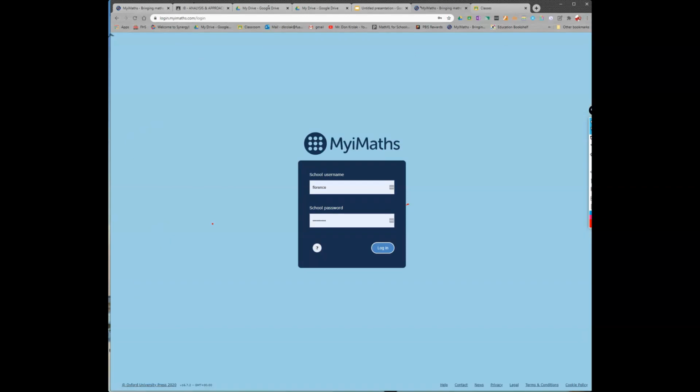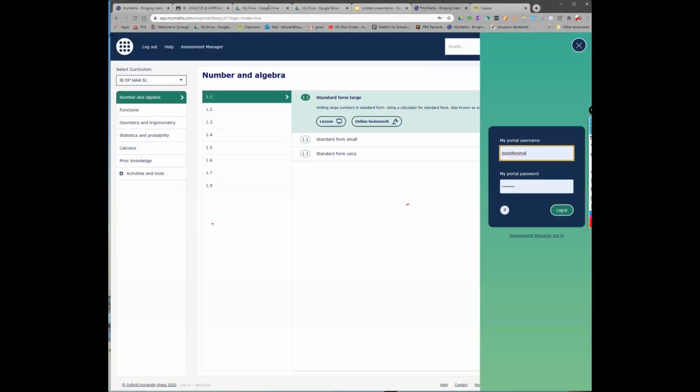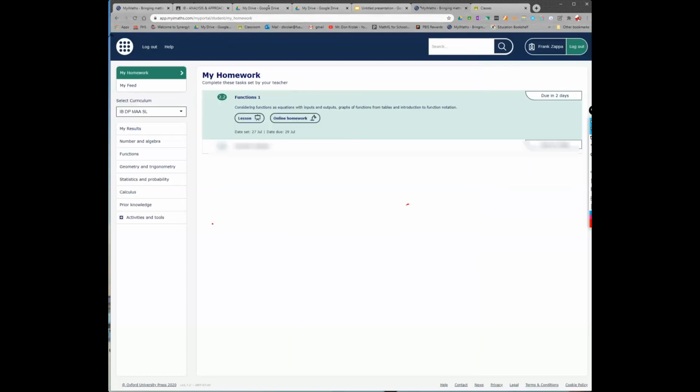First of all, you log in using the school username, which is Florence, and then the school password was multiply 18. All right, so we type that. Then you're going to put in your 3-digit username, your 3-letter password. So here it shows you have a lesson to do, functions 1, and an online assignment. So you'll complete each one of those.